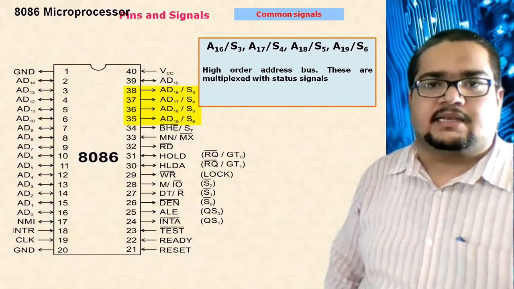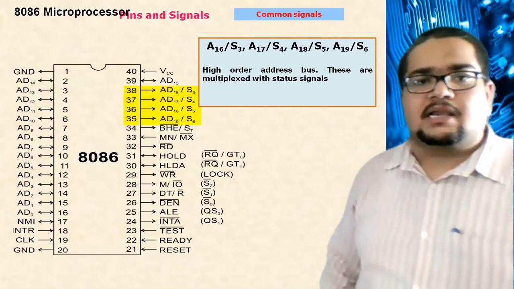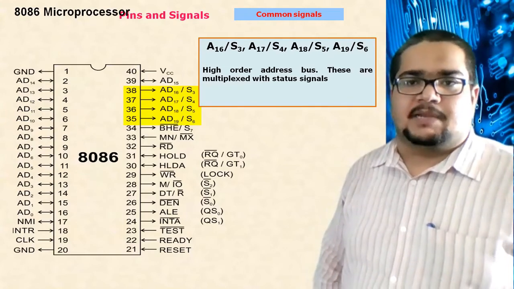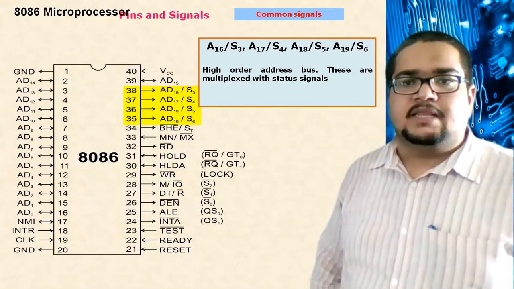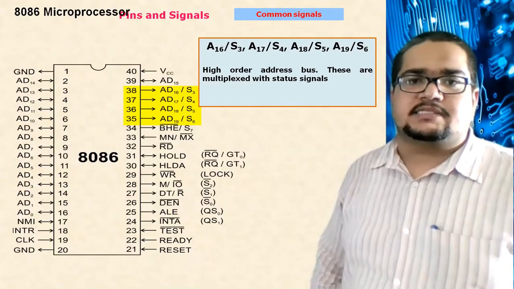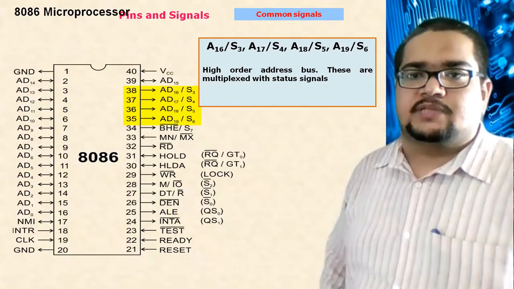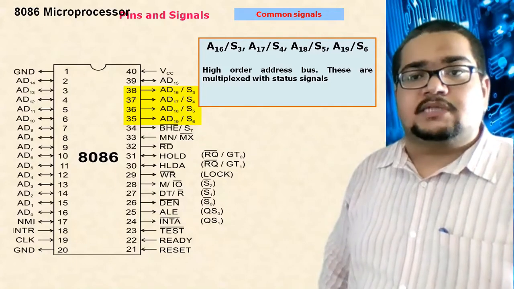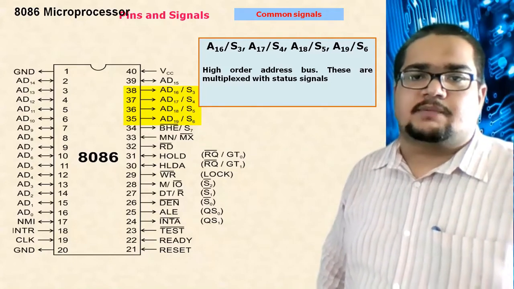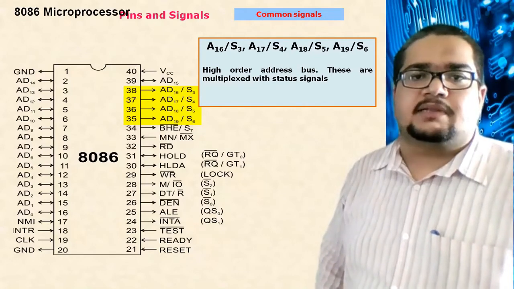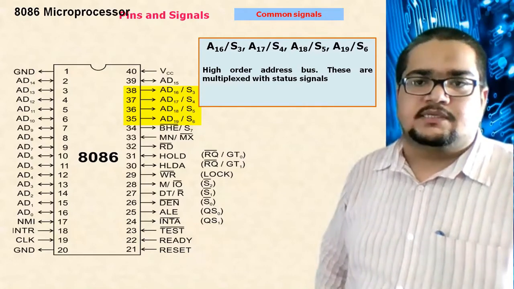17, 18, 19. Now, as the earlier lines, AD lines 0 to 15, were time multiplexed, with dual functions assigned to them, even these lines A16, 17, 18, 19 are time multiplexed, with dual functionalities assigned to them, but this time not with the data. Instead, some other bus, the status bus, is there: status bits number 3, 4, 5, 6.